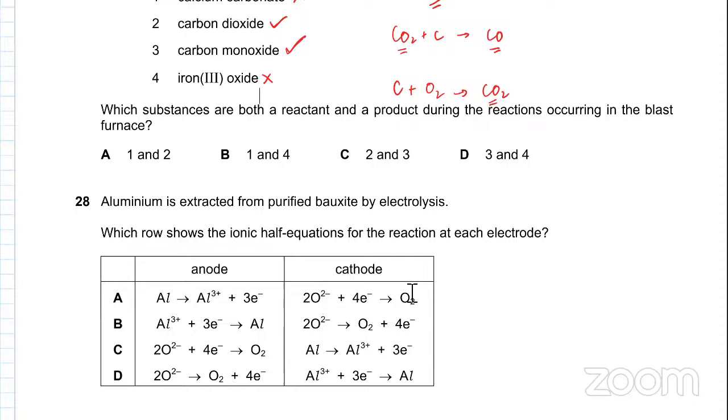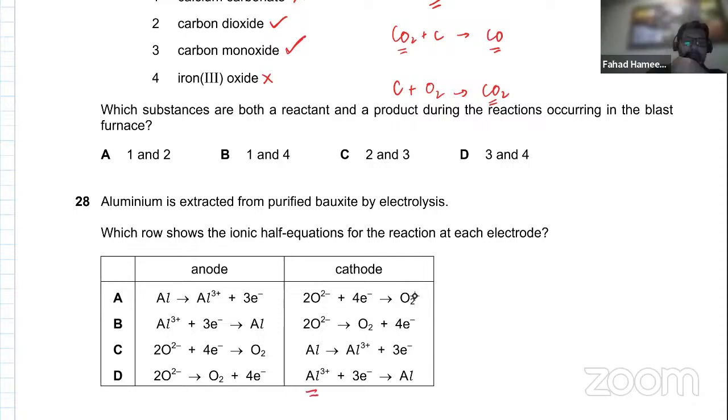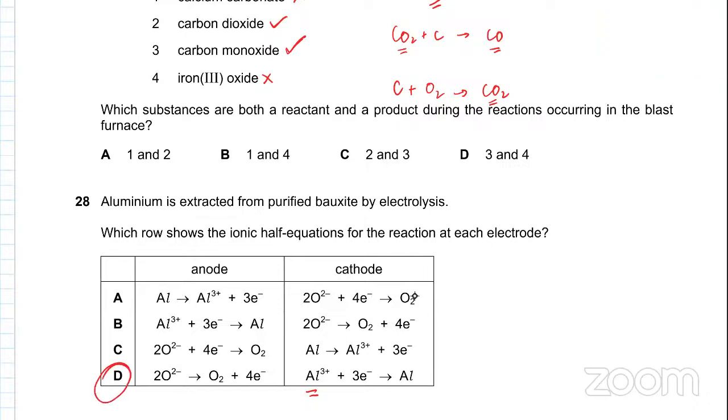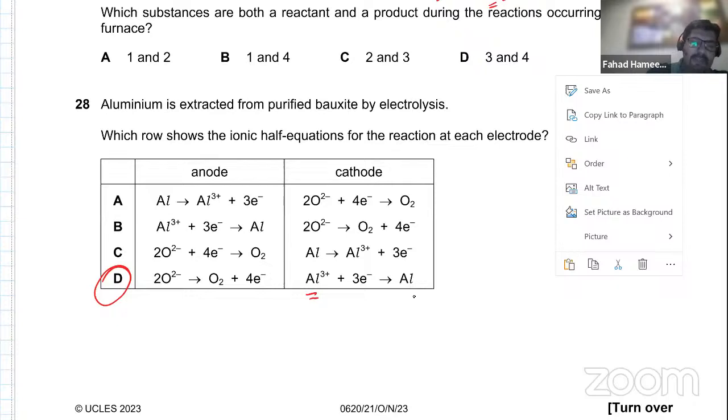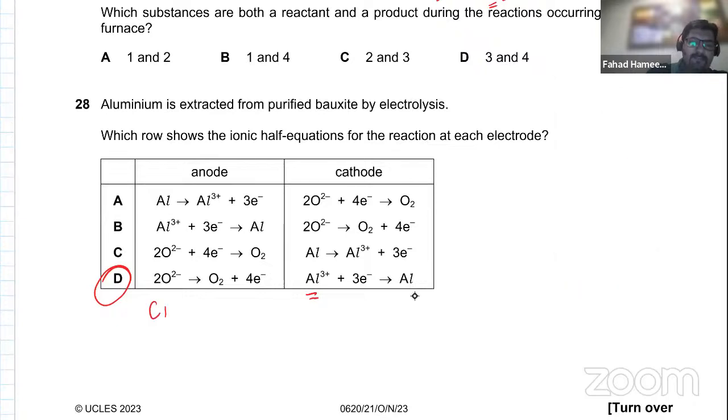So it's C or D. But aluminium ions, right? Yeah, so D. And then the graphite anode starts to burn, catches fire, and it starts producing carbon dioxide as well. Okay. Yes.